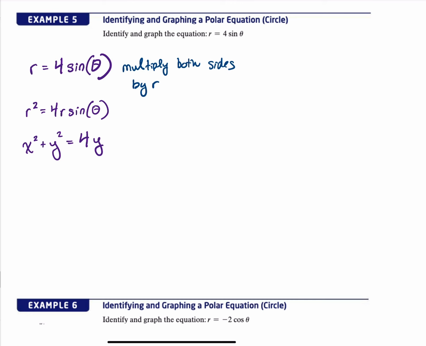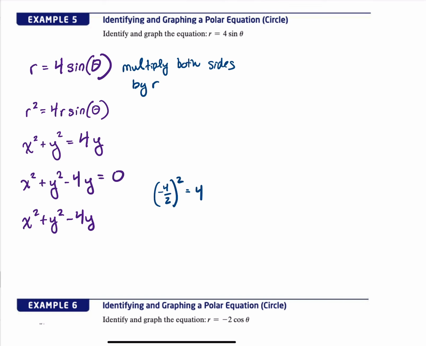So we have what's starting to look like the equation of a circle, but we have this extra y term. If you remember from our last video, we placed this on the other side and put it into the equation of a circle using completing the square. So if we subtract the 4y to the other side and complete the square on y, I would take the negative 4 divided by 2 and then square it.